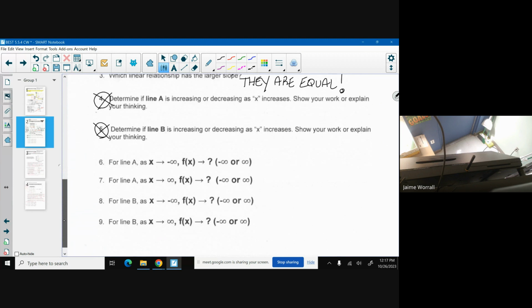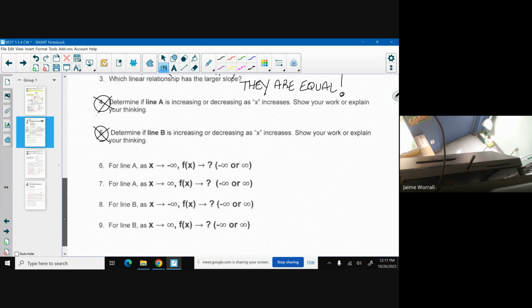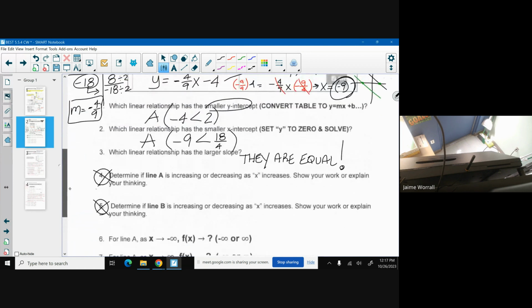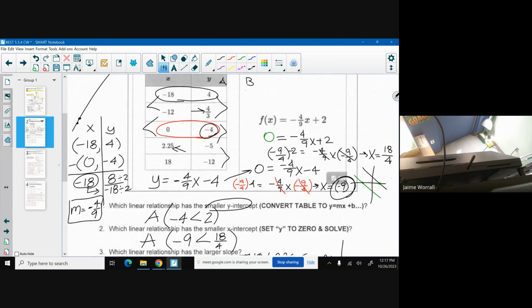For line A, as x is heading towards negative infinity, what's happening to your y's? Check it out. If you're going from 0 to negative 12 to negative 18, your x's are getting smaller, and your y's are getting bigger.